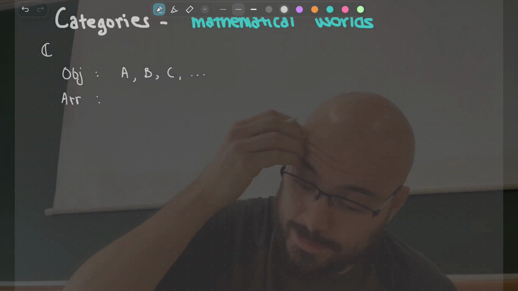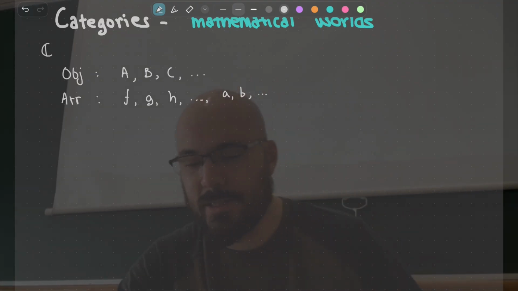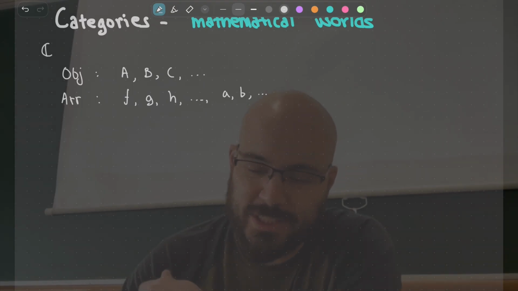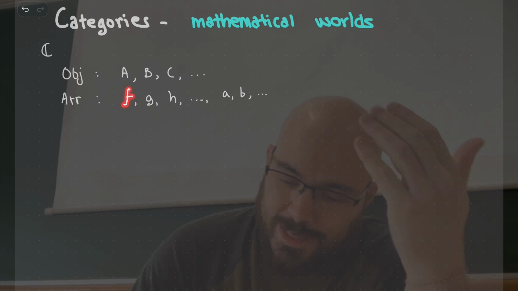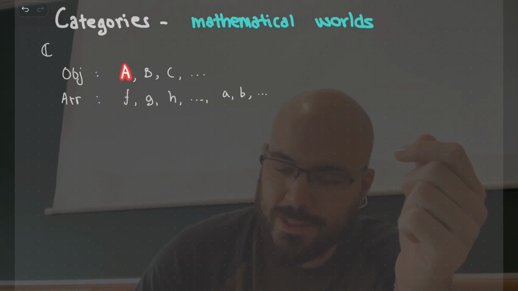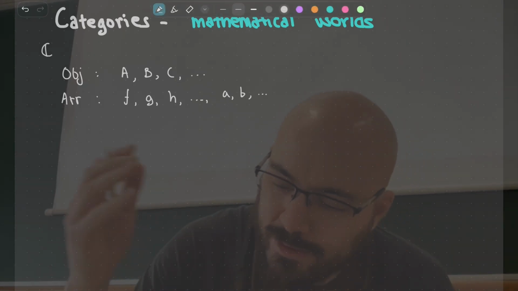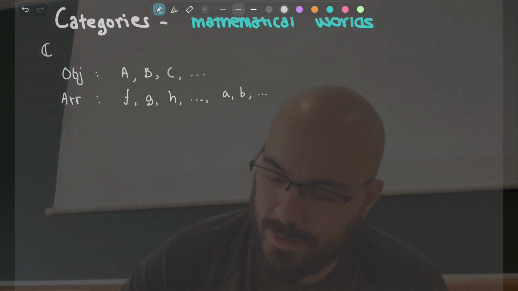This is kind of confusing. I will tend to use lowercase letters for arrows and uppercase letters for objects, but forget any intuition telling you that f is a function, or that A is a set. There's no requirement about the nature of the objects or the nature of the arrows.